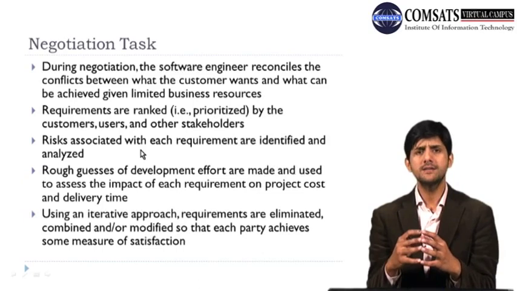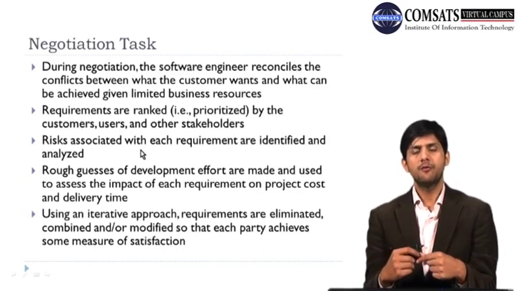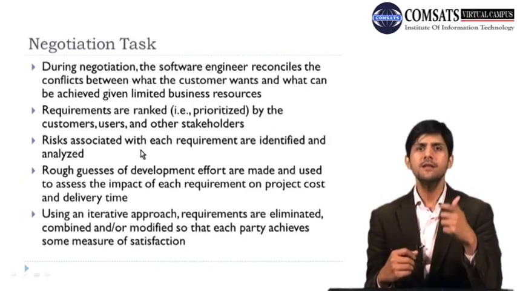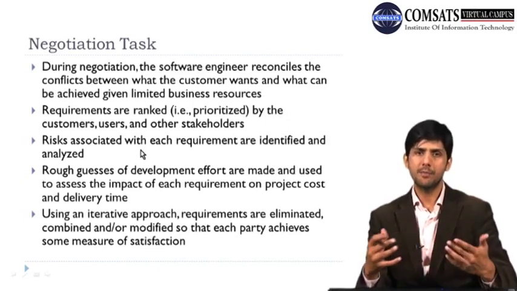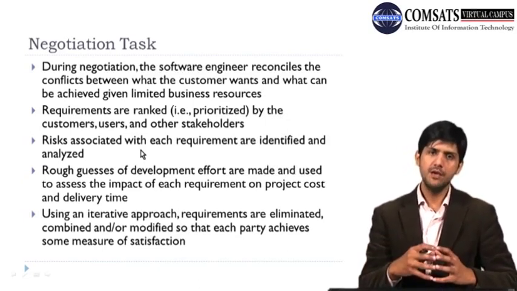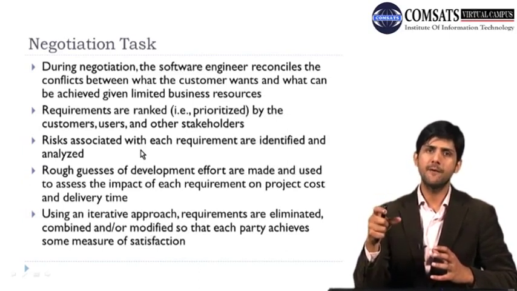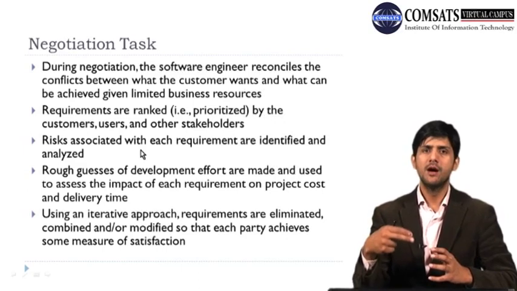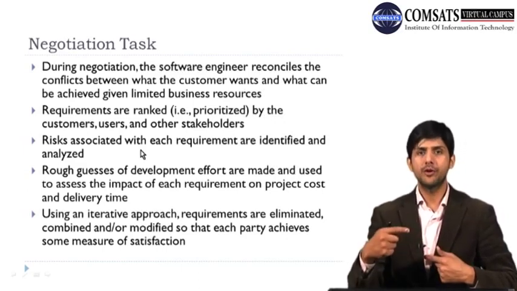Then another important step taken in negotiation is requirement prioritization. Now, why do we need to prioritize requirements? Especially in this agile environment which we are part of these days, we produce software in increments. Lots of small companies are popping up, especially in countries like Pakistan, and lots of people are doing outsourced work, and the preferred model is the agile model.